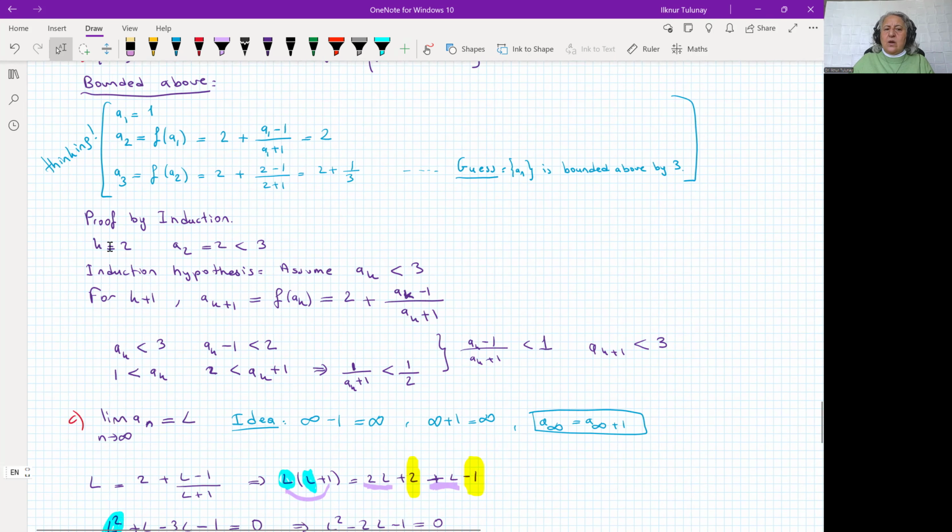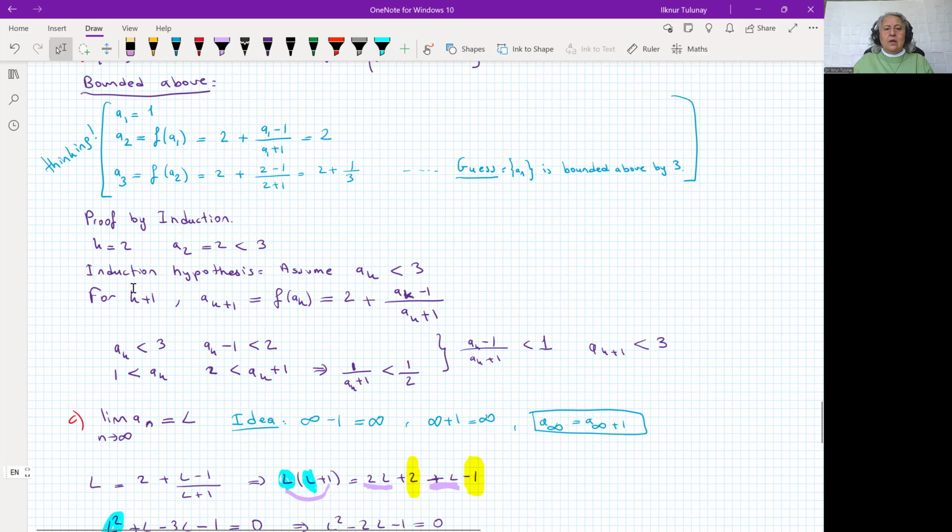Okay, so I would like to use the induction method to prove that a_n is smaller than 3 for all n. For the initial step, we know that a_1 is equal to 1. I also need to look at the next step, which is k equal to 2. a_2 will be just 2, as we calculated here, which is smaller than 3.